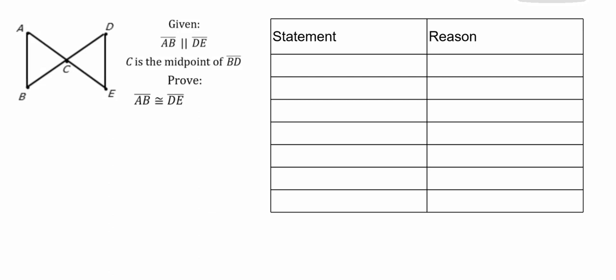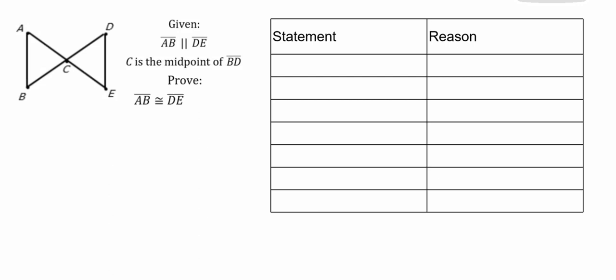So a lot of the stuff that we've already done with proofs is going to hold true. All the things that we've covered up to this point are still going to be in play. All these ideas that we have on our proof reasoning sheet, if you will, are fair game. So a lot of this is going to look familiar. It's not until the very end that it might look a little more current to what we're doing.